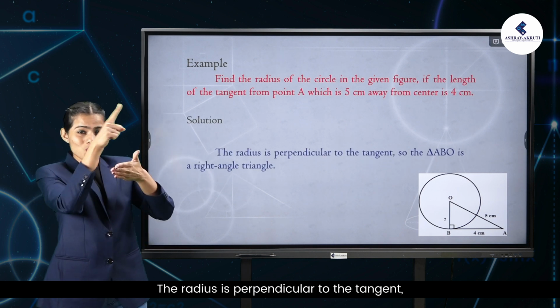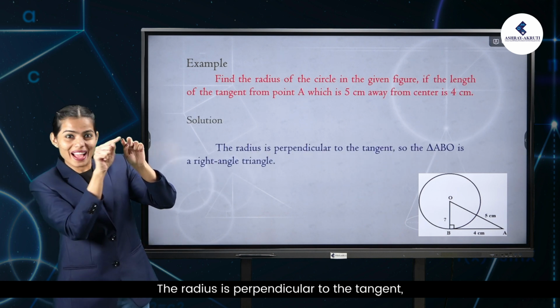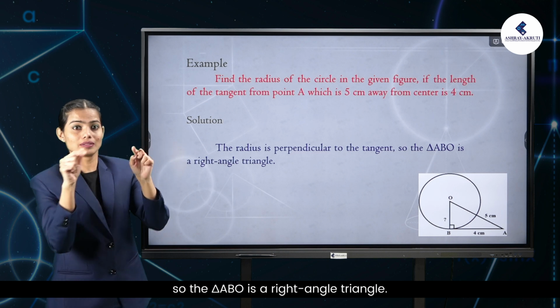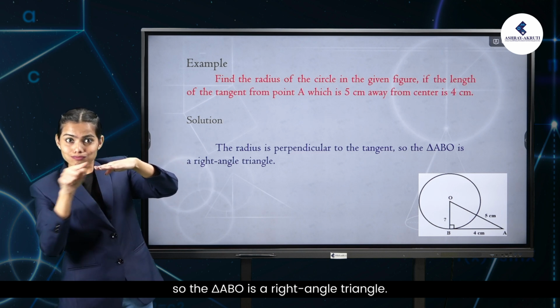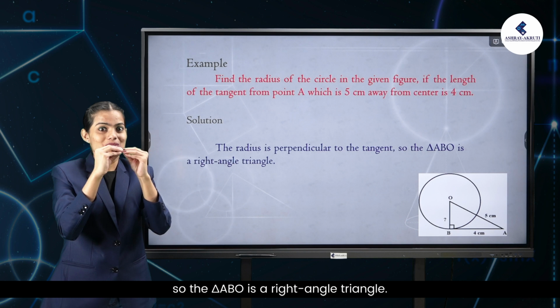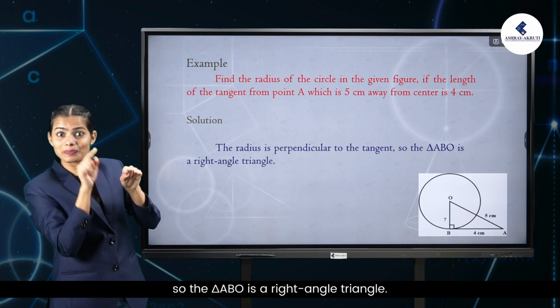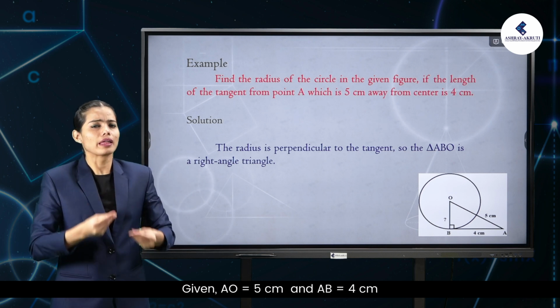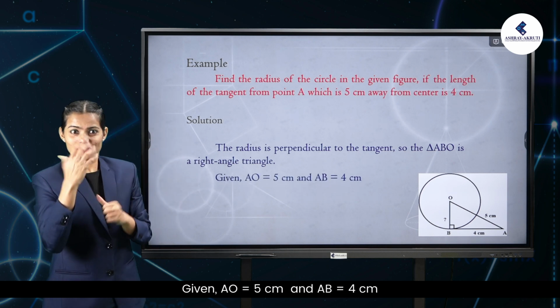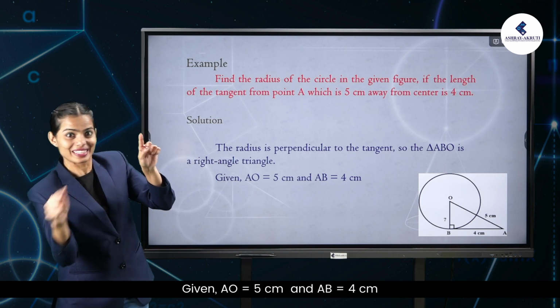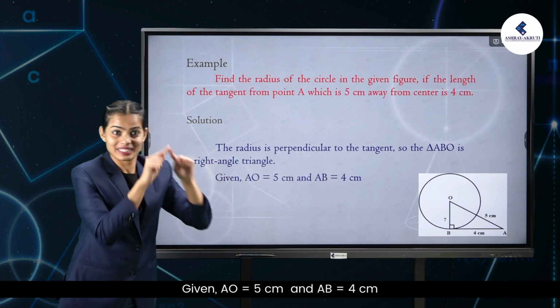As we know that the radius is perpendicular to the tangent, the triangle ABO is a right angle triangle. Given AO is equal to 5 cm and AB is equal to 4 cm.